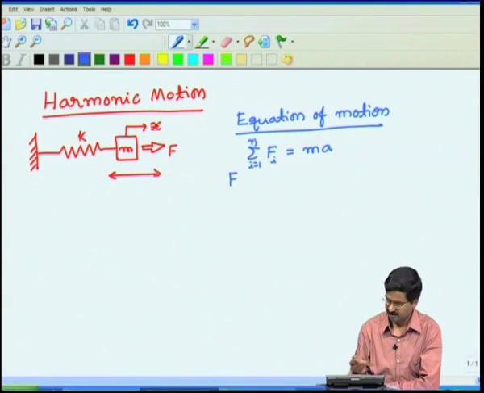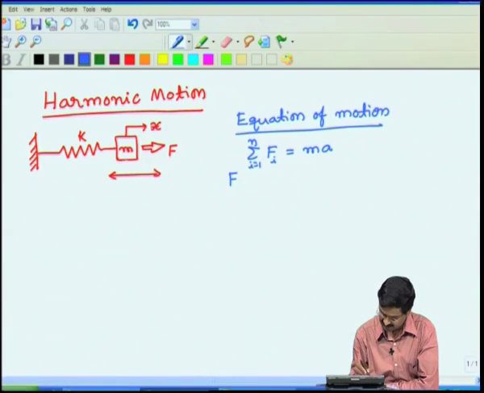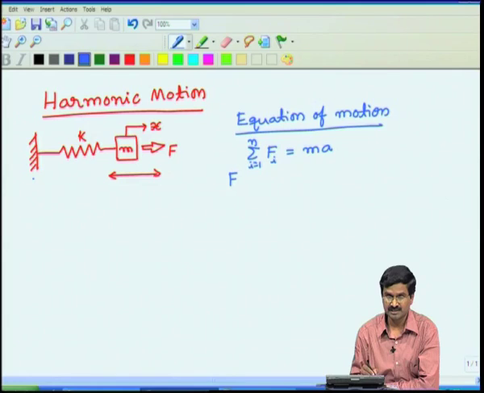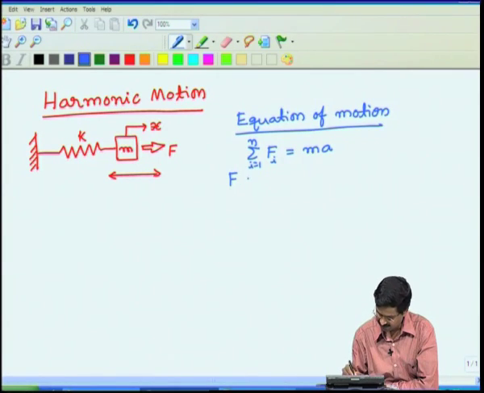Here we have F and also the spring force kx, that is in the negative direction, because when I pull the mass to the right, the spring will extend and it wants to go back to the original state, and that is why it will apply a force in the negative x direction, if I call this the x direction.